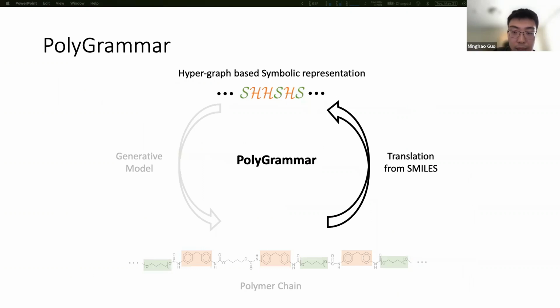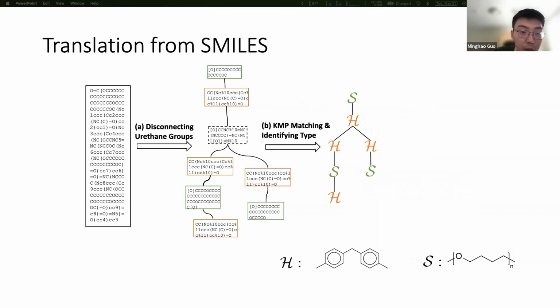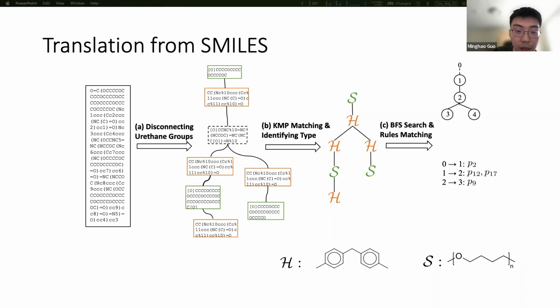Also, to demonstrate the completeness of this PolyGrammar, we introduced a component called the translation from SMILES. It decomposes the SMILES strings into subgraphs, and you define a search algorithm and an identifying algorithm to match with the rule set of the original SMILES string. Because SMILES strings are a complete representation, if you can convert every SMILES string to a sequence of production rules, this tells you PolyGrammar is actually a complete representation.